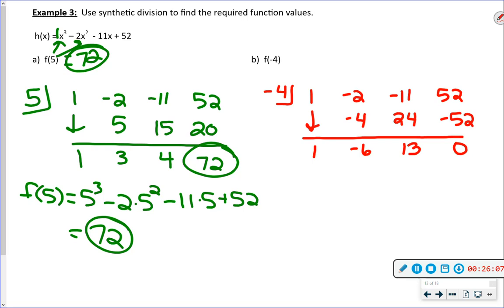Quick, final answer. 0. Is that any faster than if I get my calculator out and do -4 cubed minus 2 times -4 squared? I don't know. That's just another way to calculate it. So that is what the remainder theorem means. When you divide with synthetic division, the remainder is the same as the function value. Just something to show you with that.